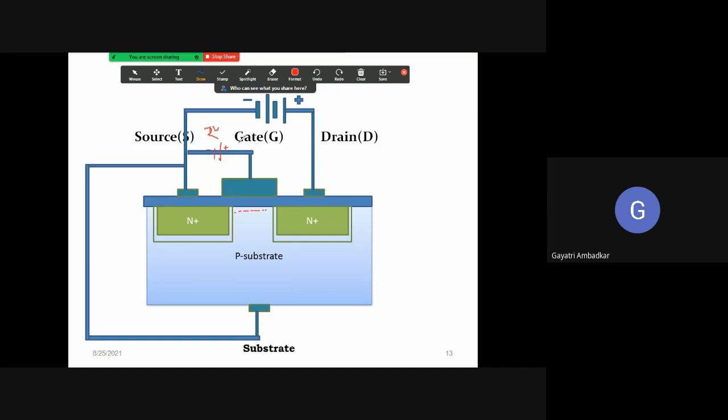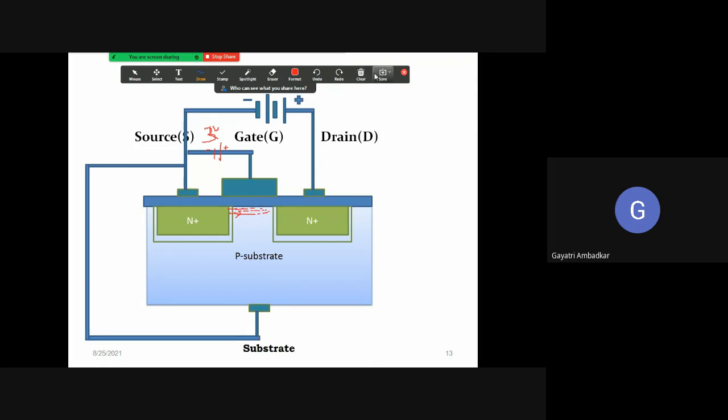In the first case you made it 1 volt, now you made it 2 volts, so it will attract a greater number of electrons. So more electrons will gather here, therefore the channel width will increase, and when the channel width is increasing, the current will also increase. If you make the gate 3 volts, again your channel width will increase and therefore more current will flow.